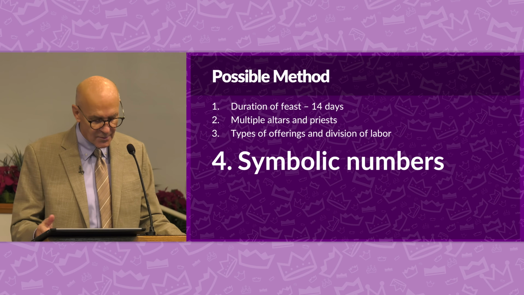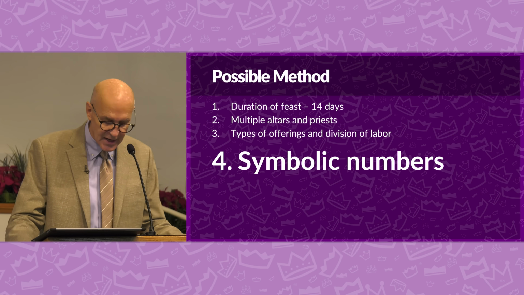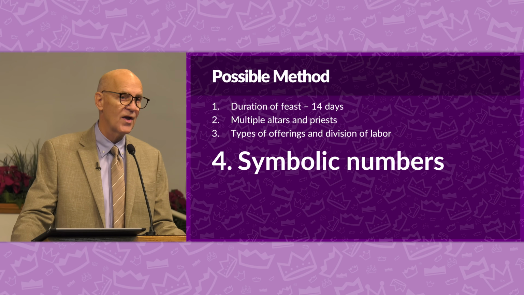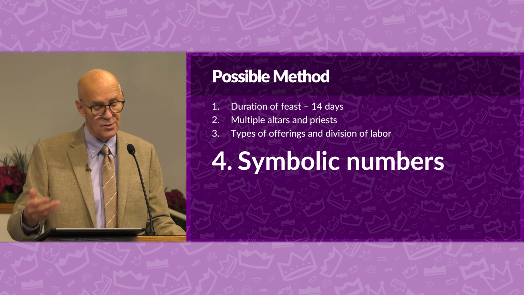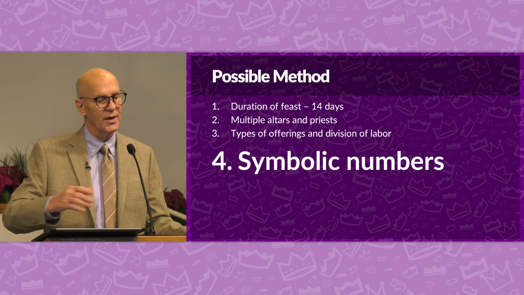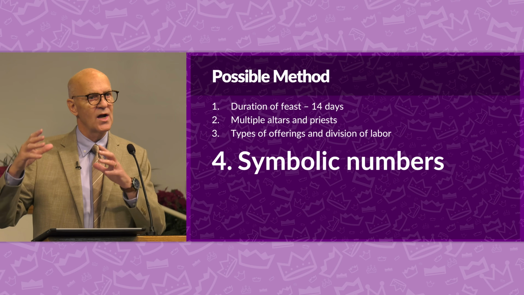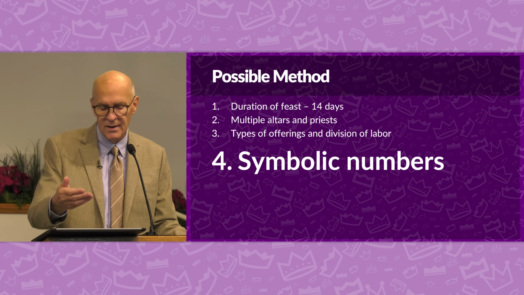This was a monumental event, and hyperbolic numbers were often employed in ancient texts to convey importance, like we think about the 1,000-year reign in the New Testament. It doesn't mean 1,000 years, but a quality of time, a quantity of time. Anyway, it's the same idea in the Old Testament.